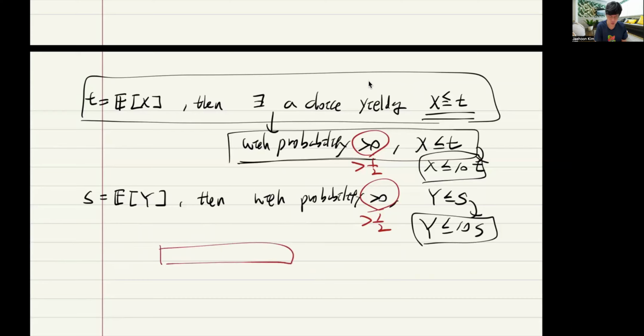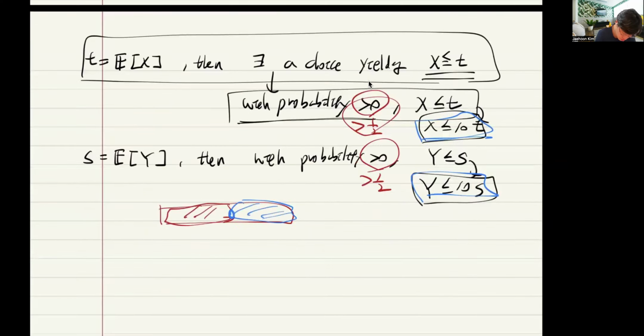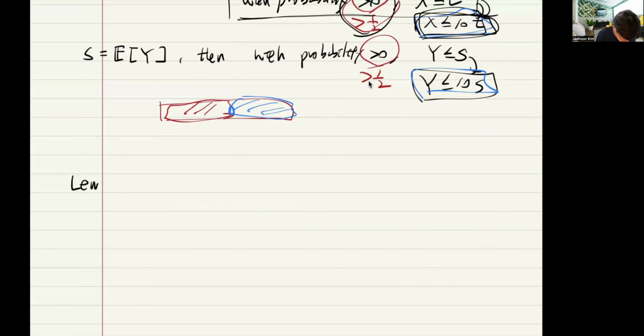What it means is that out of this discrete probability space, more than half of the fractions are good in this sense, and more than half are good. Even if they are mostly disjoint, there should be some common element, which yields both inequalities that we want. So this gives you some motivation. Once you know the expectation, can you get a better bound by relaxing this inequality?